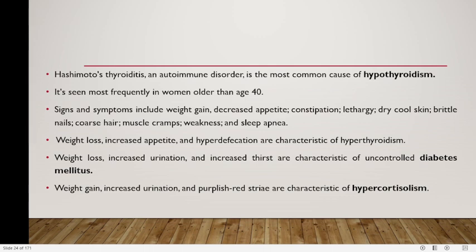Weight loss, increased urination, increased thirst are classic signs of uncontrolled diabetes mellitus. Weight gain, increased urination, and purplish red stripes are characteristics of hypercortisolism.